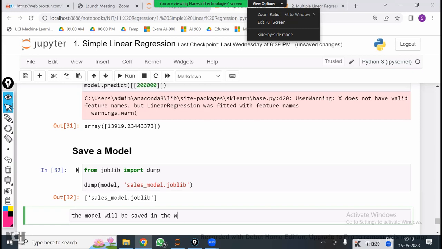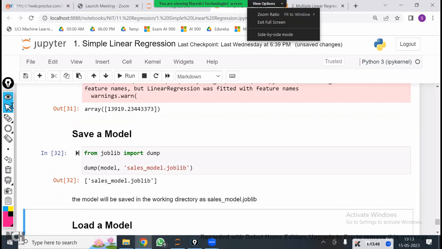As a sales underscore model dot joblib file. It is going to be saved like this in your working directory.